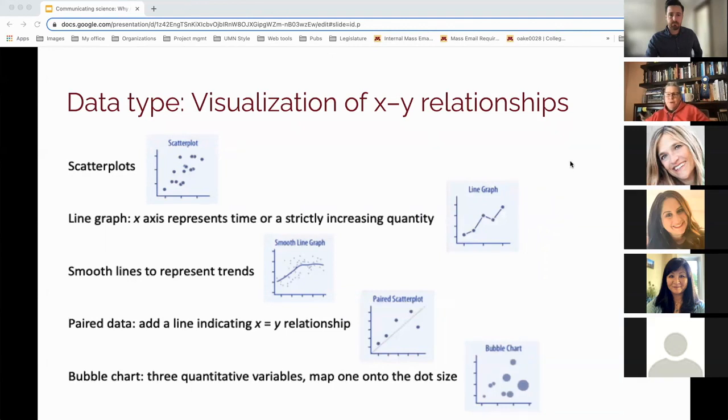For the most part, these top 2 options are going to be the ones that are most recognizable, although many people are familiar with smooth line graphs or paired data that demonstrate XY relationships. However, things like bubble charts, which can be really useful to us, are going to be not necessarily easily understood without room for quite a bit of explanation for lay audiences.